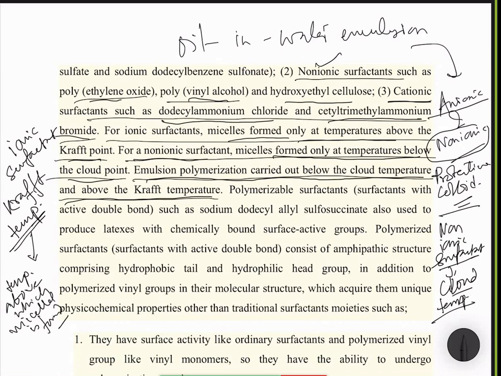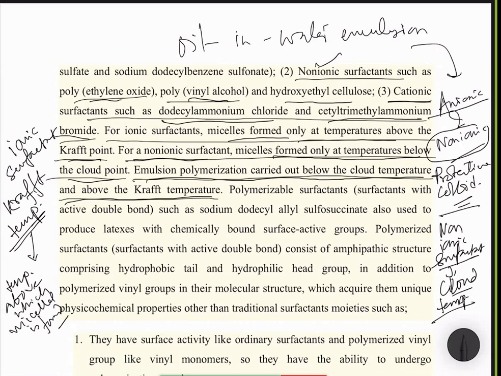That is, when you are selecting surfactants, an anionic surfactant and a non-ionic surfactant, for your polymerization, you must see what the Kraft temperature of the anionic surfactant is, what the cloud temperature of your non-ionic surfactant is, and you must choose a temperature within these two for polymerization.